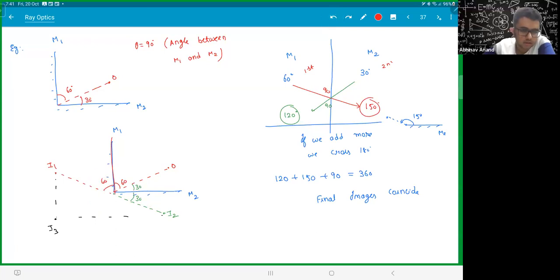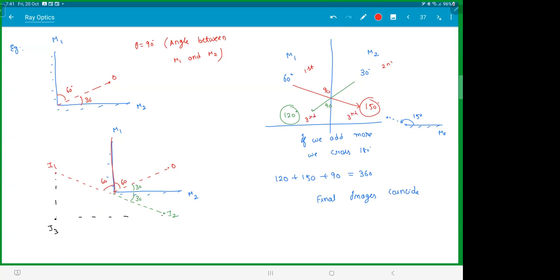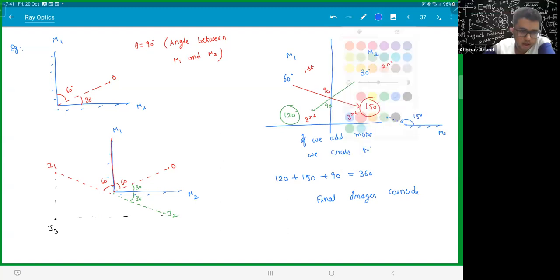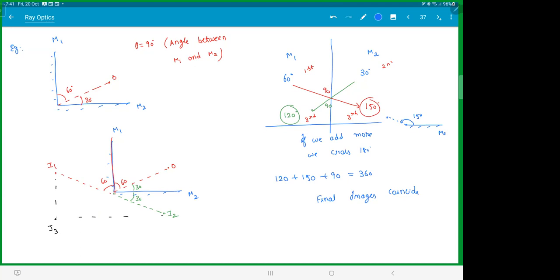So I was asking you, if the angle between the two mirrors is 120, then that I1 here won't be formed, right? Only I3 and I2 will be formed, because 180 is also fine. You can get up to 180.